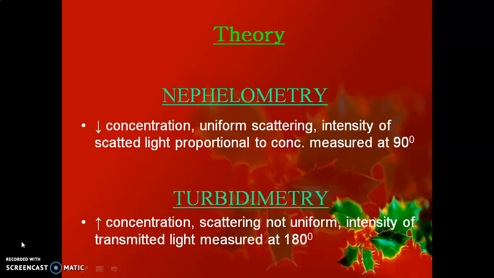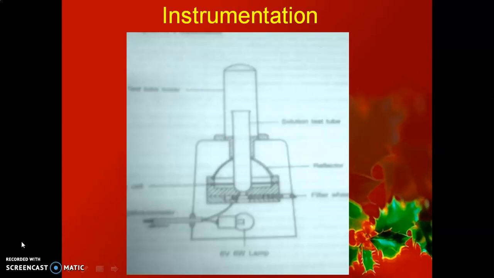Turbidimetry is applicable for concentrated or turbid suspensions. Here scattering is not uniform, as turbidity is more. Hence the intensity of transmitted light is measured in this technique at 180 degrees.